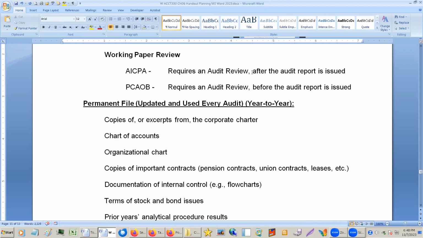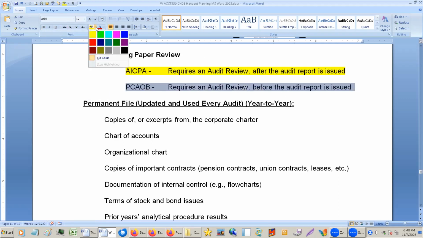So there is a slight difference here between them. The AICPA, it can be done after the audit report is issued. PCAOB says, no, you have to have it reviewed before the audit report is issued.